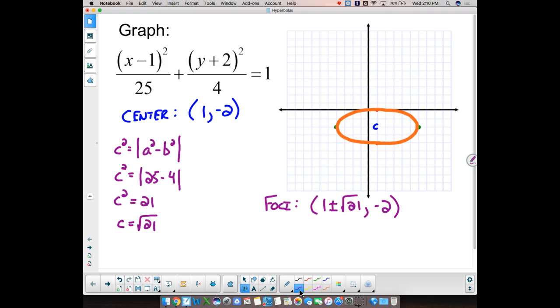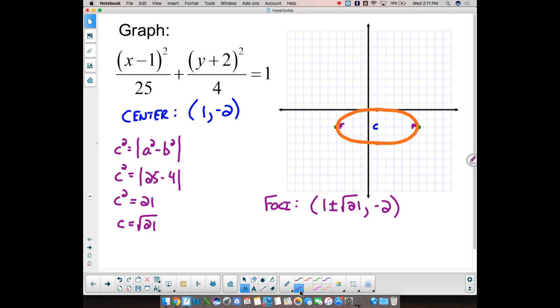Now, if that were an actual number, like if it had been the square root of 16, I would actually add 4 and subtract 4. But it's not, so I won't. They're right here and right here.